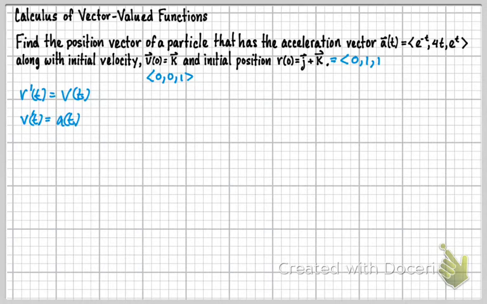Or I can say that acceleration is r double prime of t. So since I'm dealing with acceleration to begin with, to get the velocity, I would have to integrate the acceleration. That's going to be our avenue with this problem.